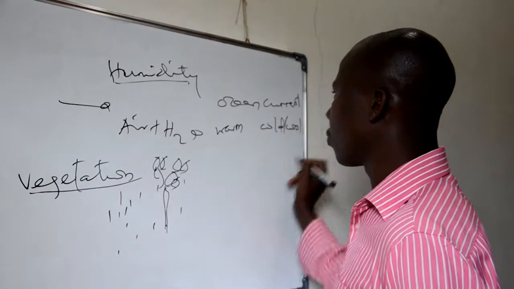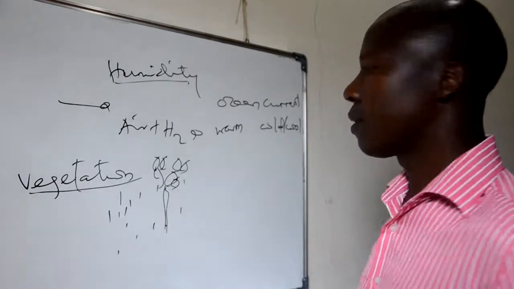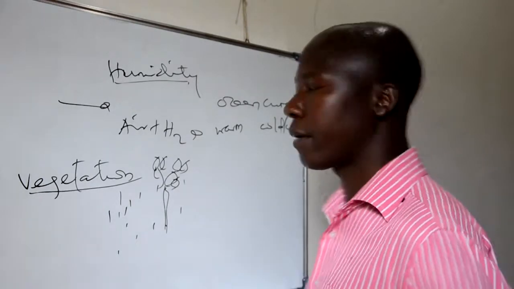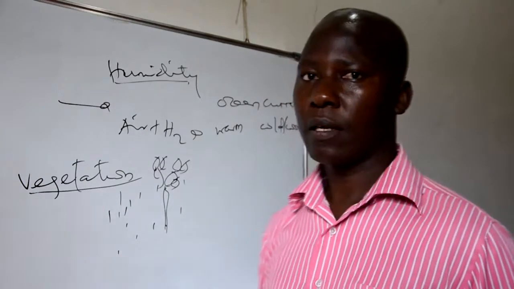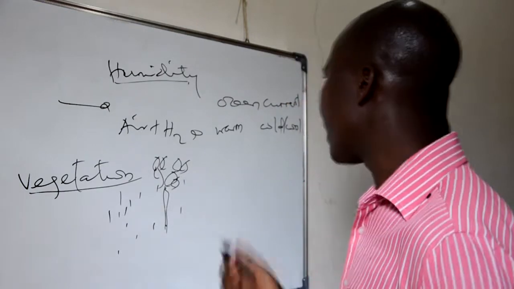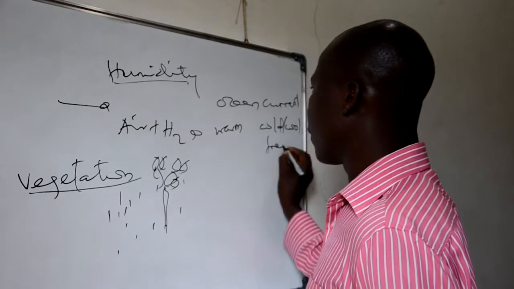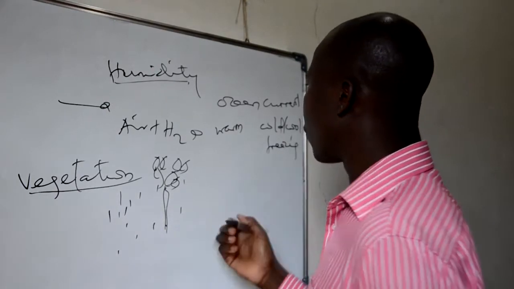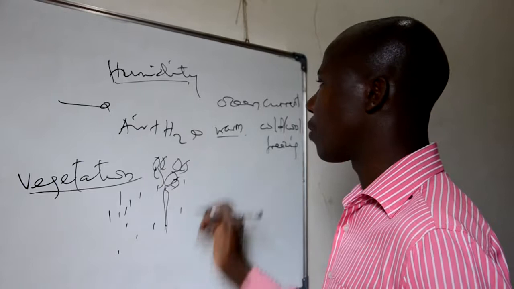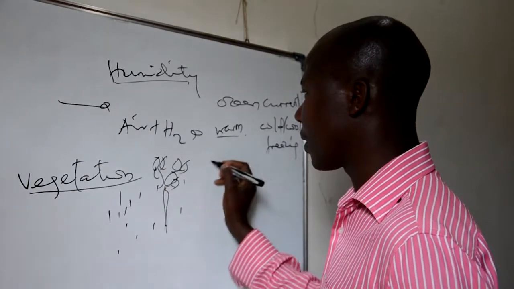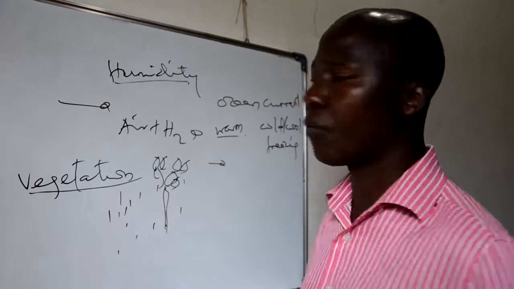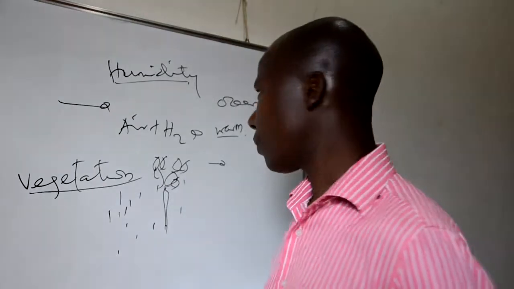Warm ocean current is a situation where there is dampness, but cool current is condensed and undergoes freezing. Therefore, even dampness will be impossible. But with warm ocean currents, there is rising of air from one place to another, which causes the formation of humidity.